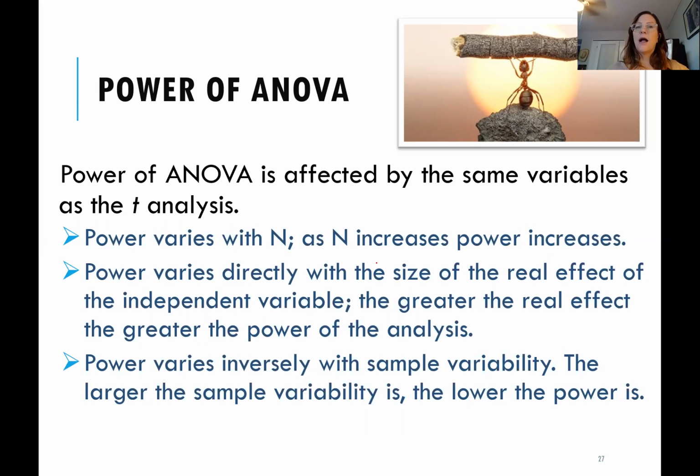As the size of the real effect or the magnitude of the treatment effect, as the differences between the means increase, the greater the power is. But with variability, again, power is inversely related. So if there's a lot of variability in your samples, that means your power is going to decrease. So we often can see that being a problem with getting significance in our tests.